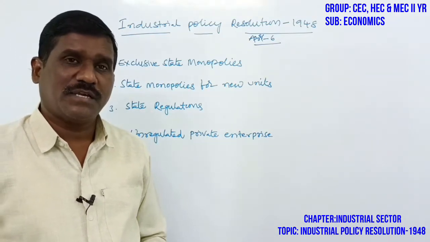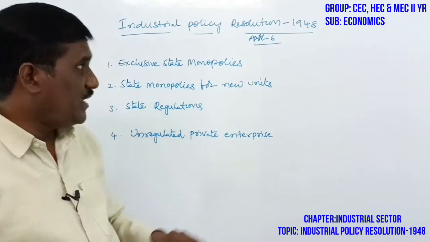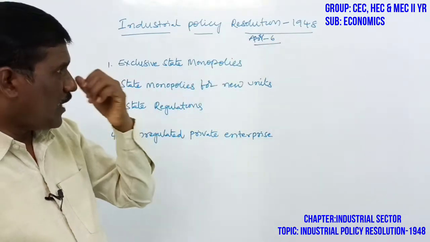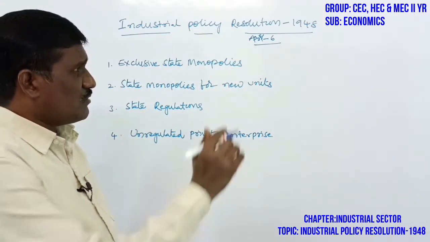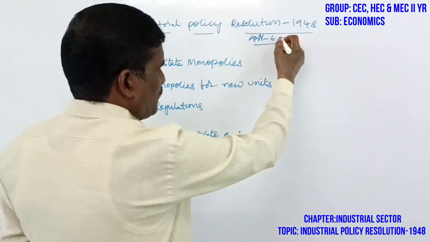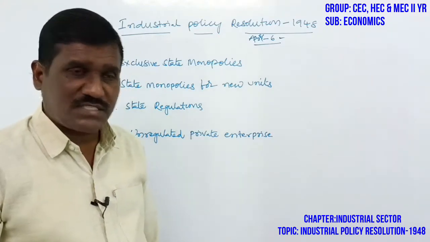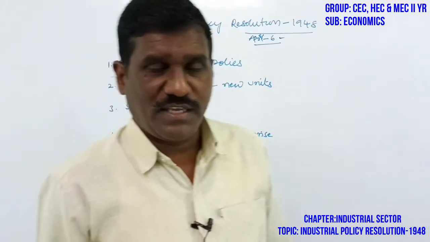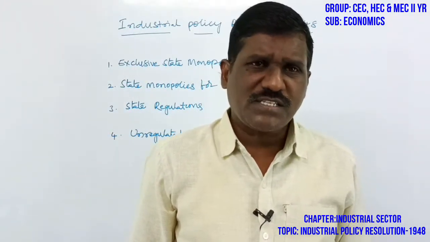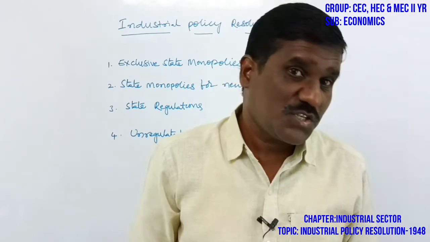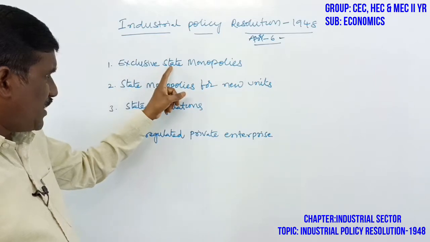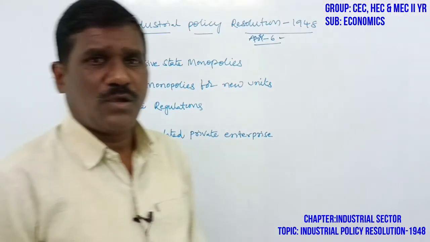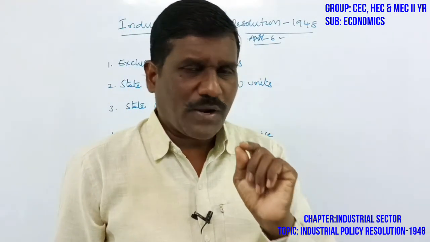These were divided by the government of India at the time of 1948. The first Industrial Policy Resolution was introduced on April 6th, 1948. According to the 1948 policy, here one is exclusive state monopolies. Here one is a problem.